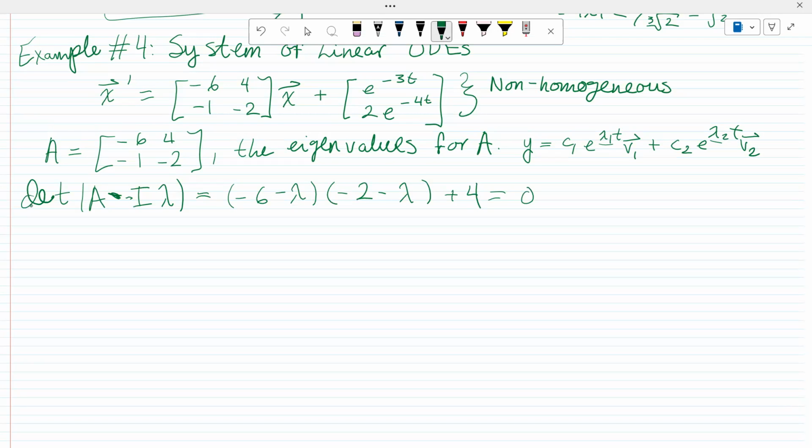So that would imply that lambda squared plus 8 lambda plus 16, which is equal to lambda plus 4 squared, is equal to 0. And so we have that lambda 1 is equal to lambda 2, which is equal to -4.